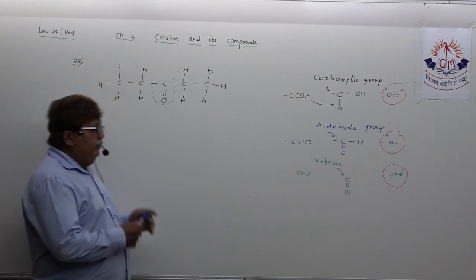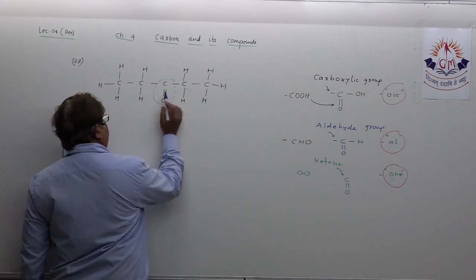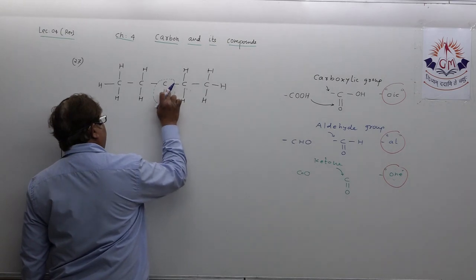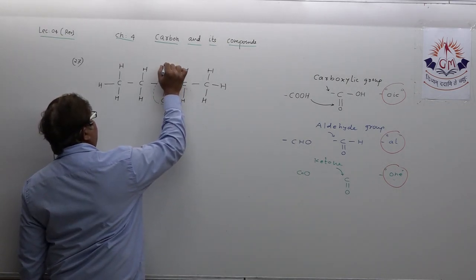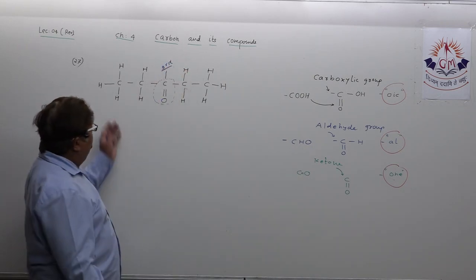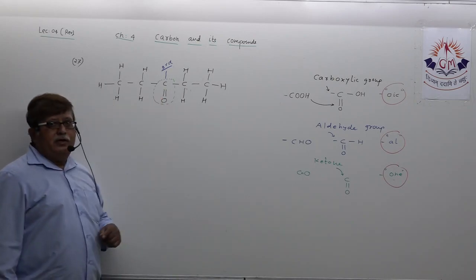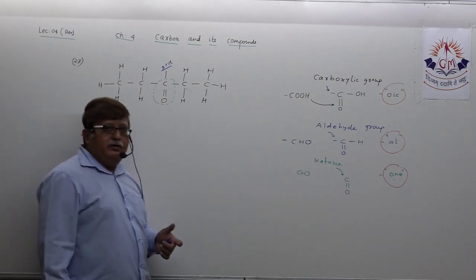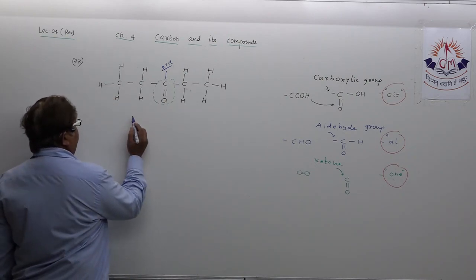But dear student, what you should guess is that here the ketone functional group exists on the third carbon atom. There is no way of going from left to right or right to left because this carbon atom exists exactly in the center. So 3. So can I name it in this way?